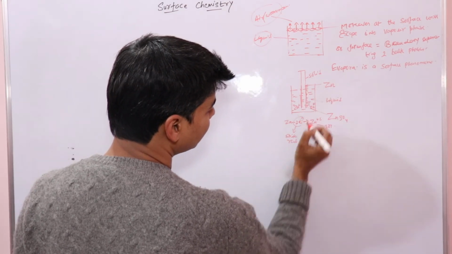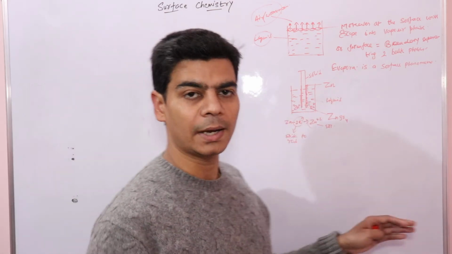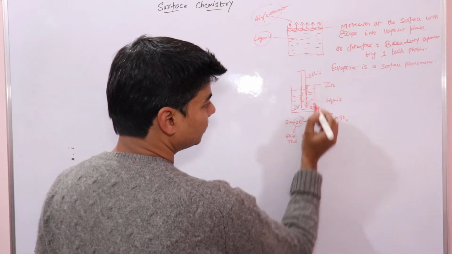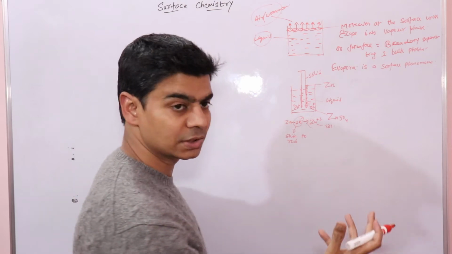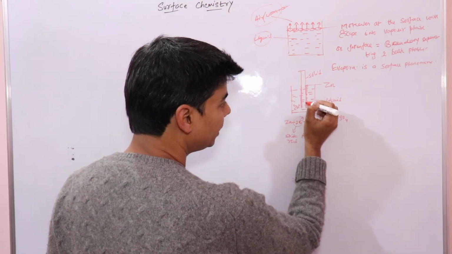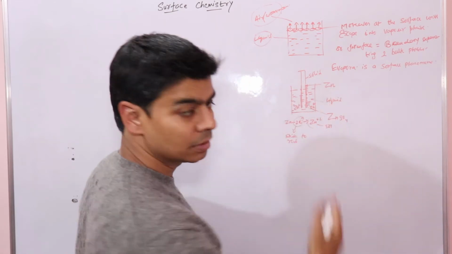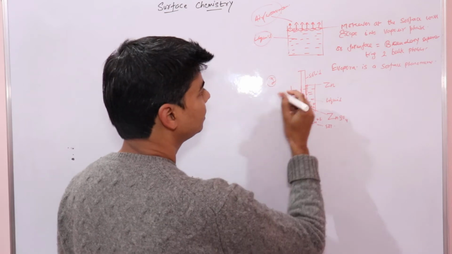So this oxidation reaction is taking place at the interface of the zinc rod and the electrolyte zinc sulfate. This is your second case.